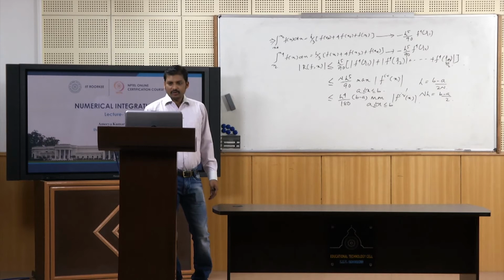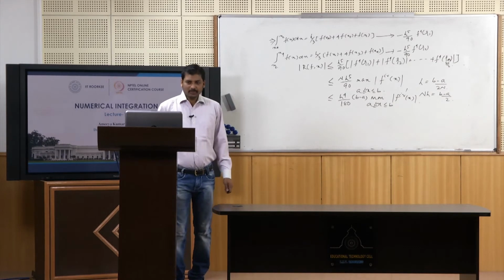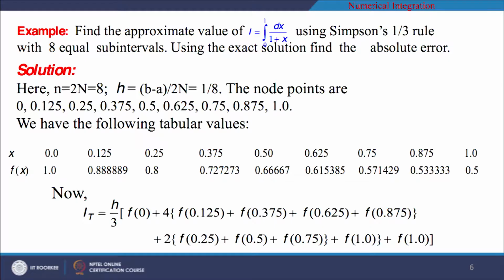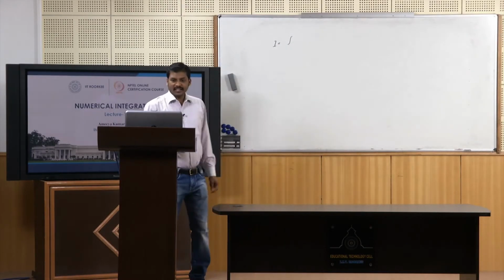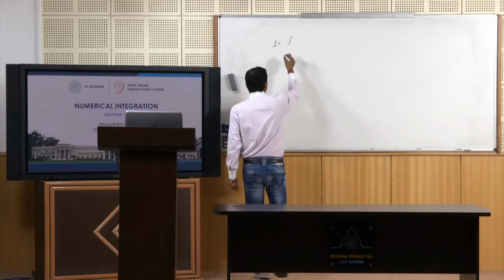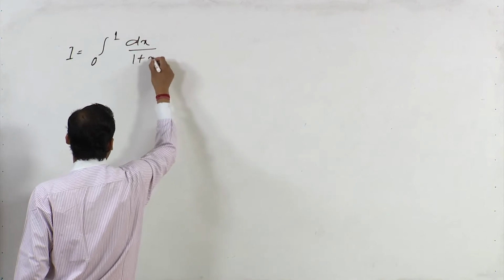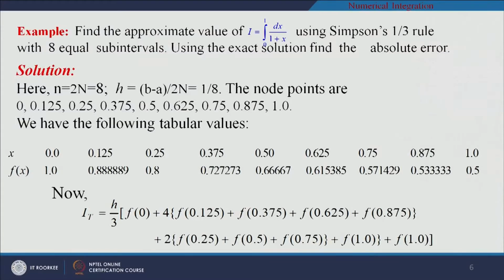Suppose the example is given as: find the approximate value of the integration I equals integral 0 to 1 dx by 1 plus x, using Simpson's 1/3 rule with 8 equal subintervals.